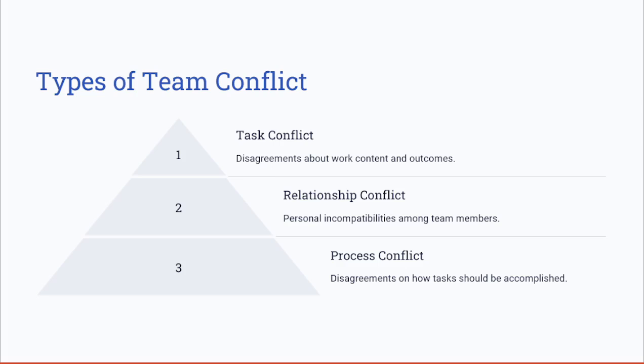Let's say in an IT project, task conflict might occur over the choice of programming language or which tool to use, or in AI, there might be a conflict about which algorithm to use. While process conflict could arise over the project management methodologies to handle that project.